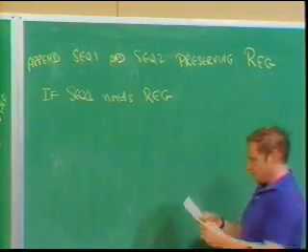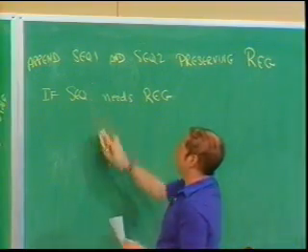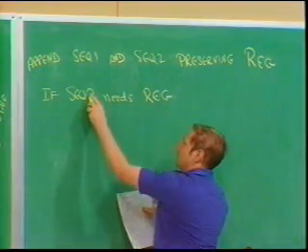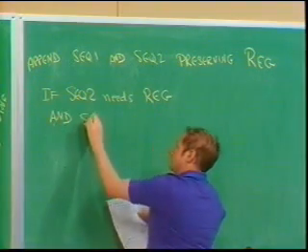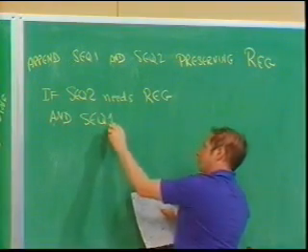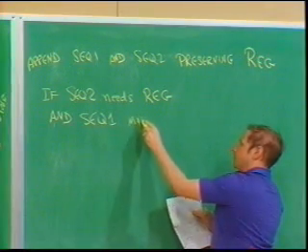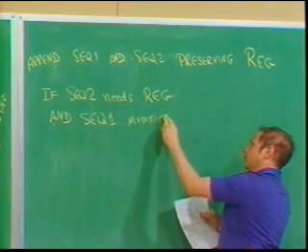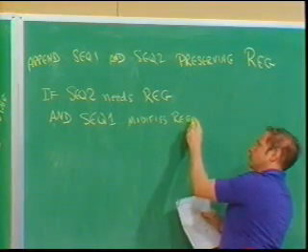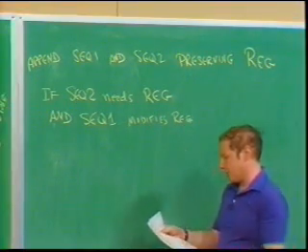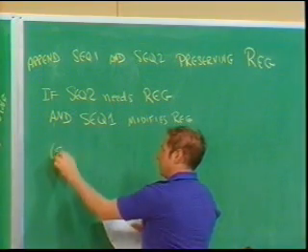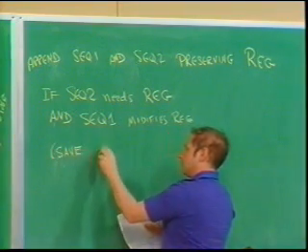So if sequence 2 needs the register and sequence 1 modifies the register, then the instructions that the compiler spits out are: save the register.